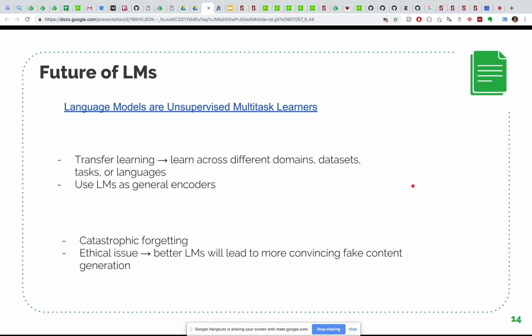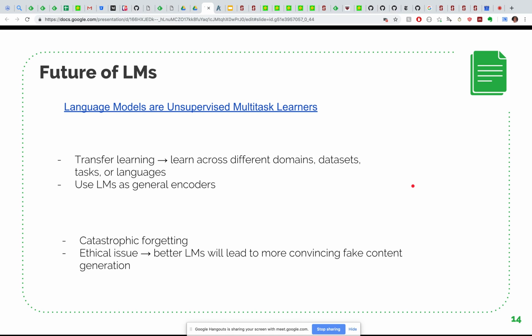They are built on more and more data, more and more tasks, and the promise of language models is to enable transfer learning. Ideally, if we want to achieve a higher level of natural intelligence in NLP, we would like to have models which can learn across different domains.